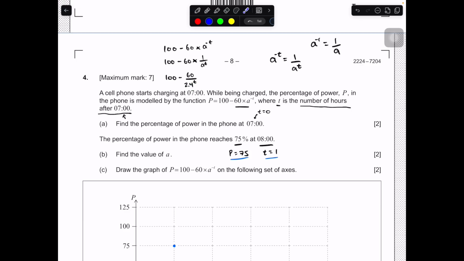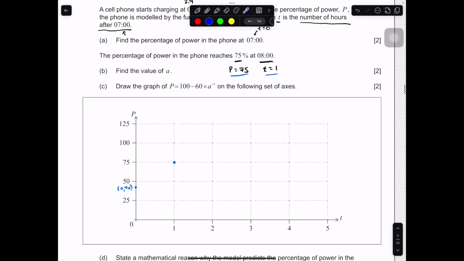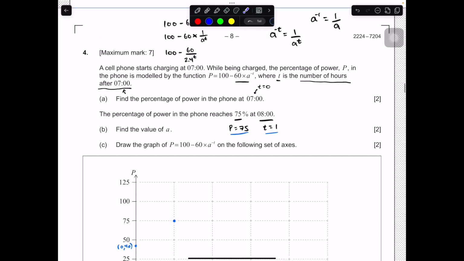So we have 100 minus 60 divided by 2.4 to the t. This 60 is being divided by a larger and larger number, so it is getting smaller and smaller, and then we're just left with 100, essentially. So we kind of found the end point first, but it means we're going to get closer and closer to 100.